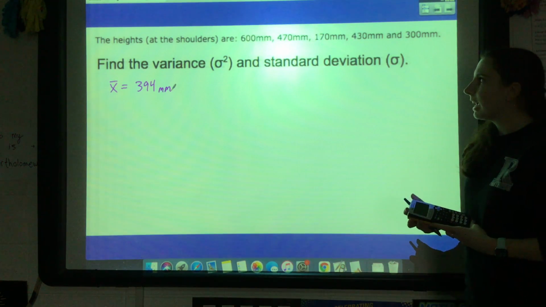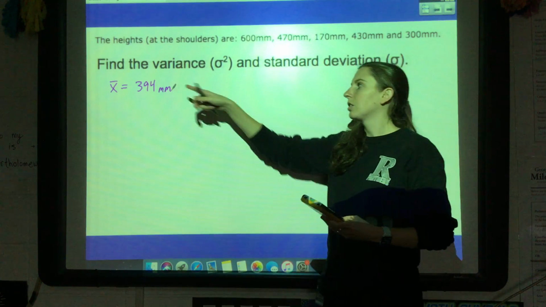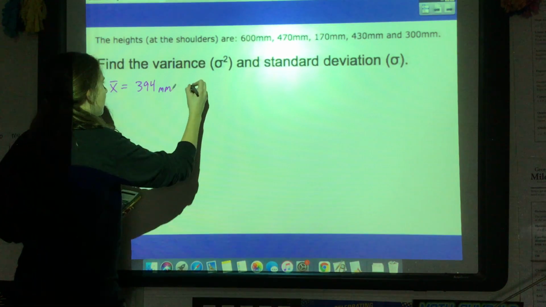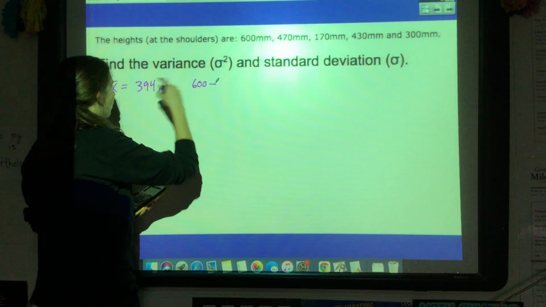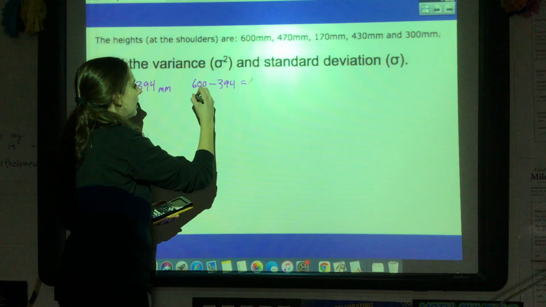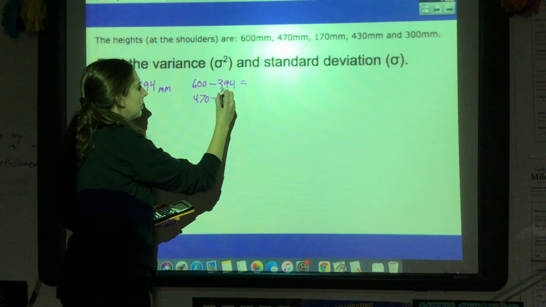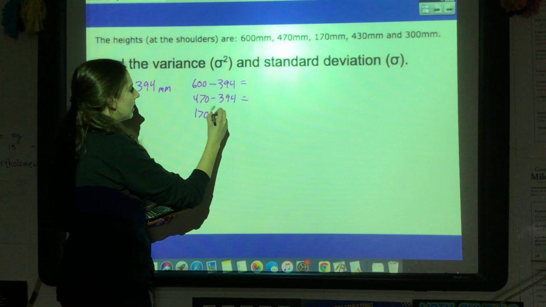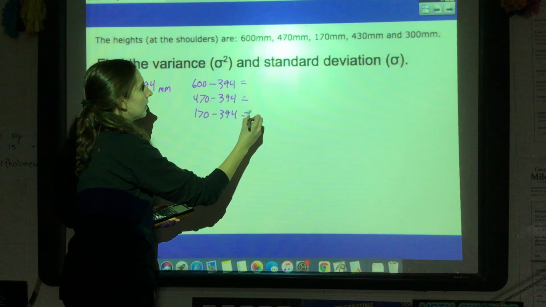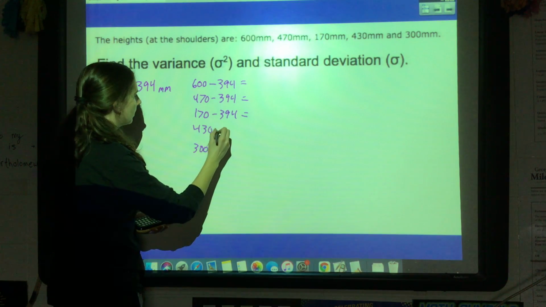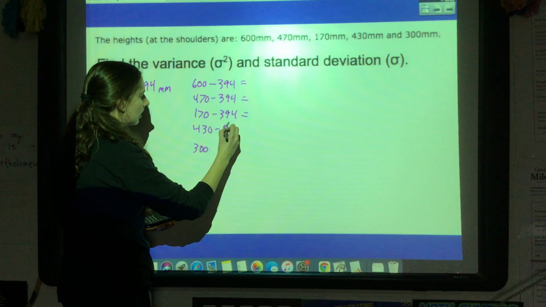And now I just want to see how far each of these data points is from that mean. So when I take 600 and I subtract the mean, what do I get? And when I take 470 and I subtract the mean, and 170, and 430 and 300. This is pretty tedious, not gonna lie.